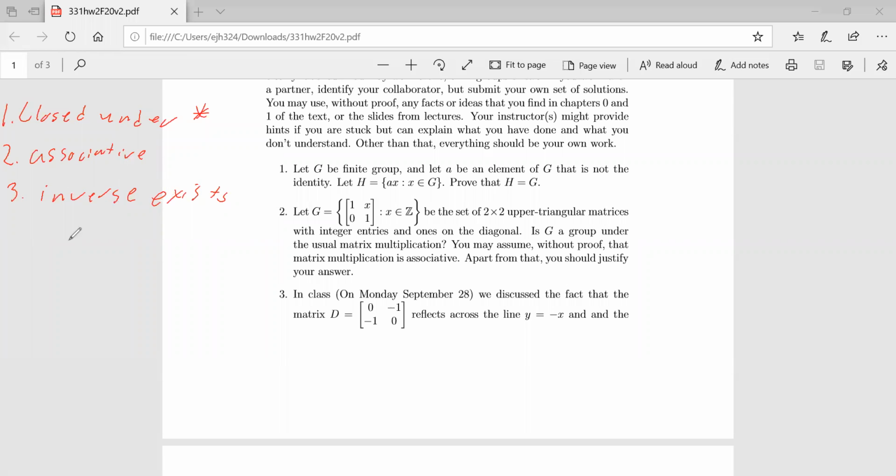And what does this basically assume? Inverse is meaningless without the last one. Identity. Yes, identity exists.